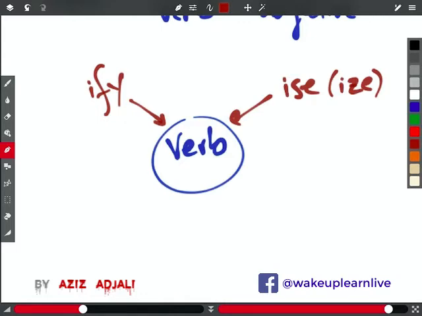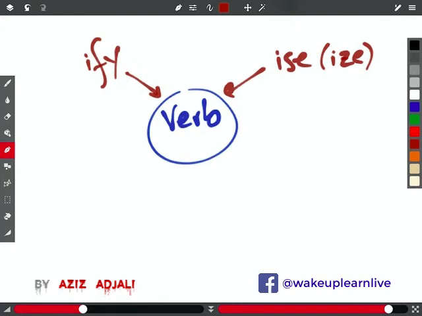We have also, as a suffix as well, we have en, like this. For example, broad is the adjective. So if I would like to form a verb from it, I add en.